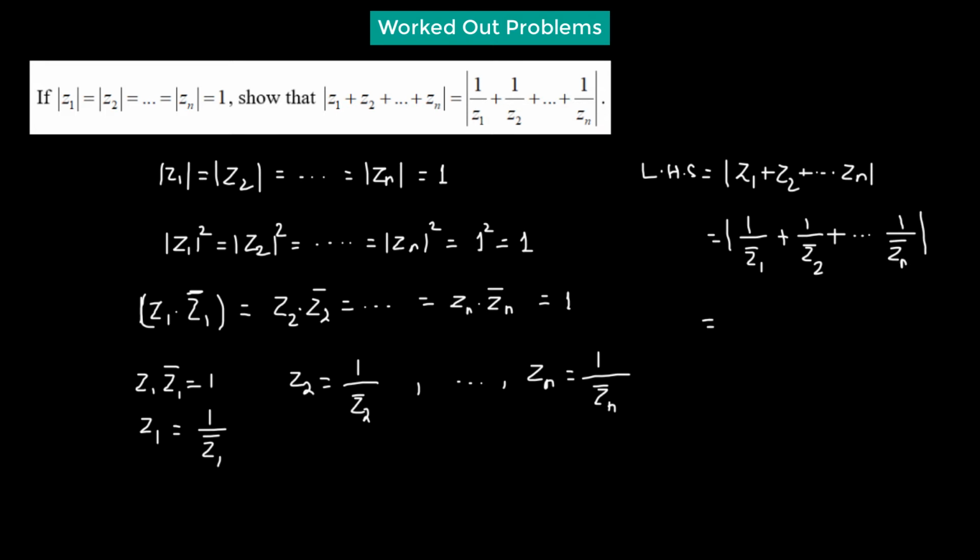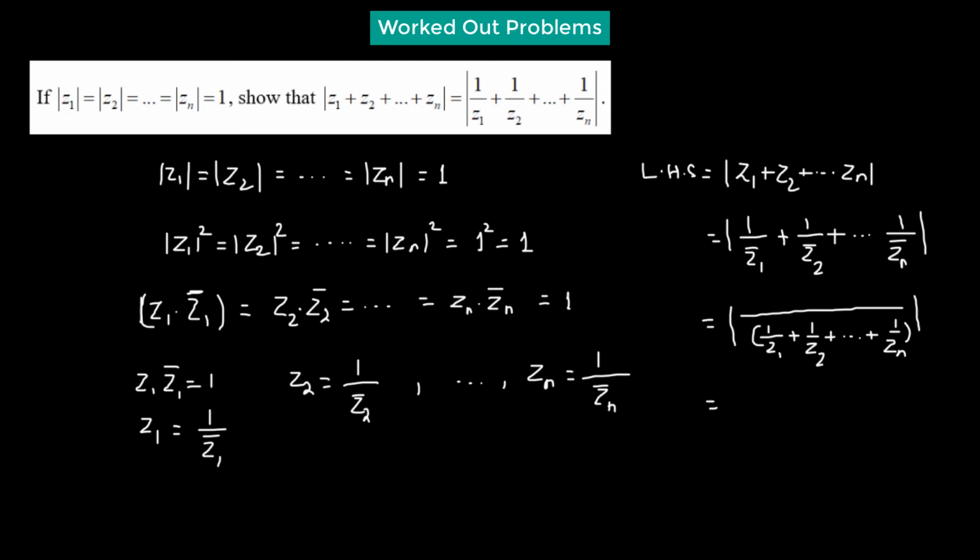Now we can separate the conjugate and simply write it as the overall conjugate of 1 over z1 plus 1 over z2 plus all the way up to 1 over zn.